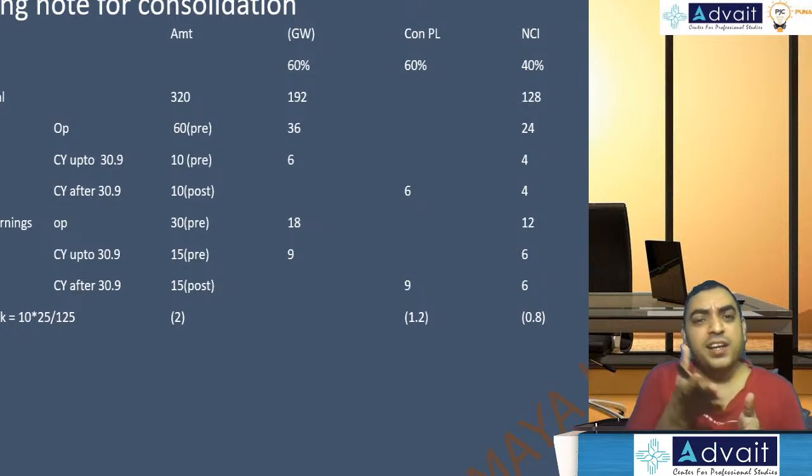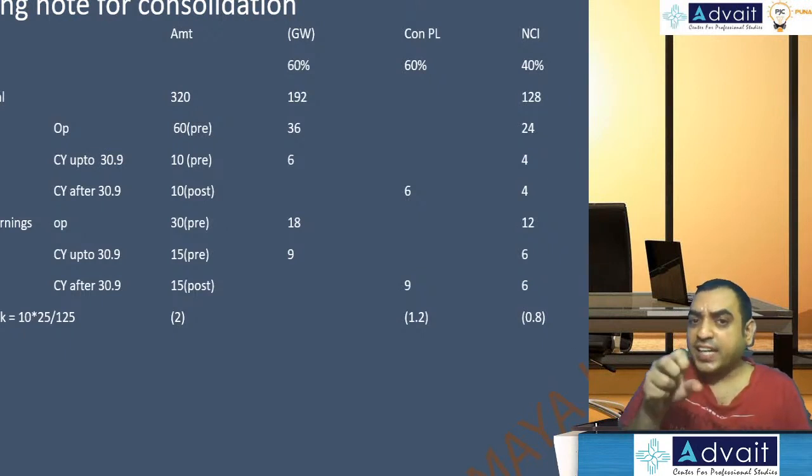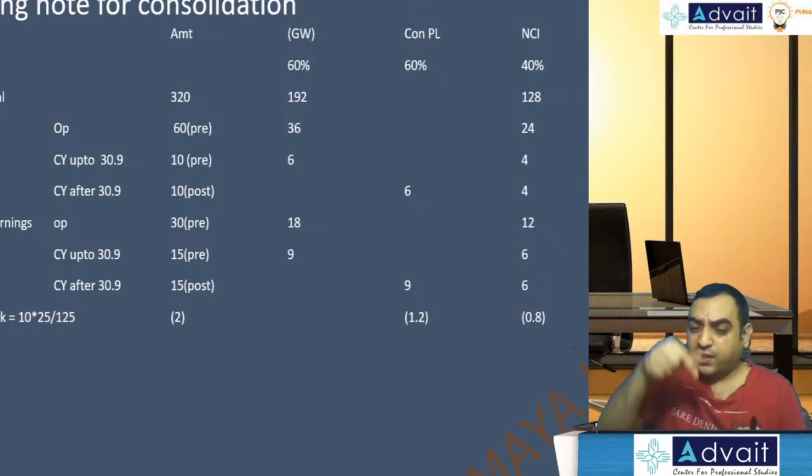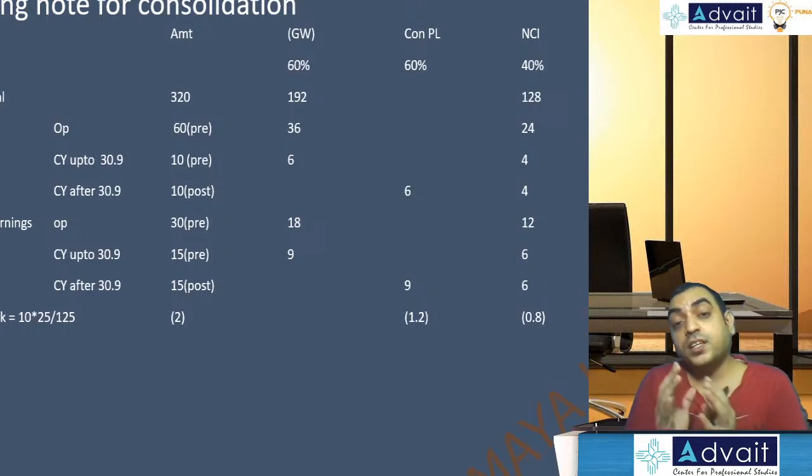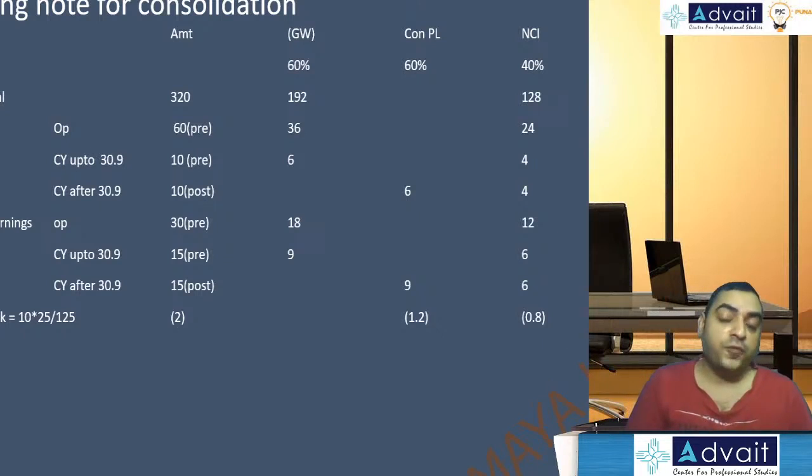Whatever share capital plus pre-acquisition profits. Instead of calling it proportionate net assets, I will simply call it the book value of NCI. Why? Because net assets taken over, once taken over, are recorded in the group books, and group books means book value. So for simplicity's sake, I will use the words book value of NCI and compare it with the fair value of NCI.